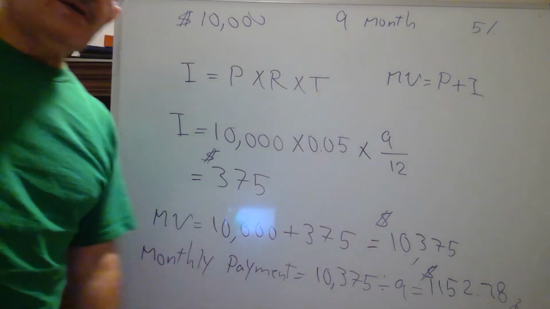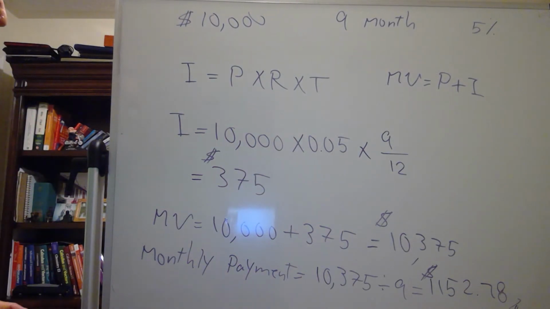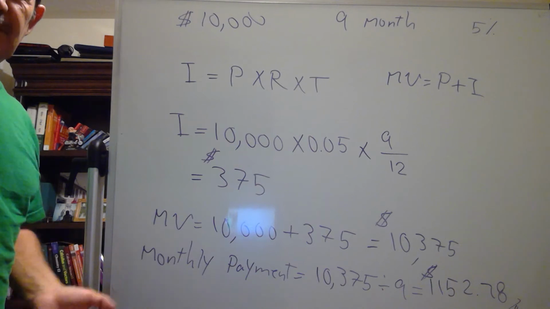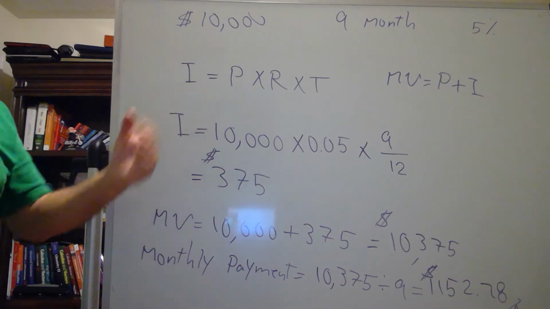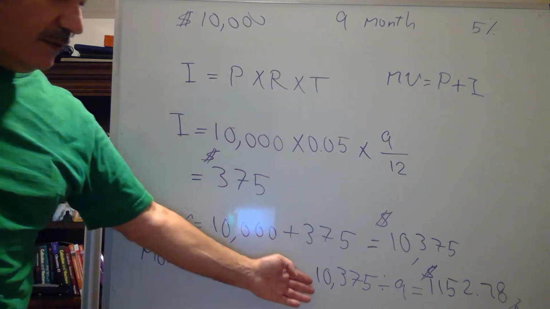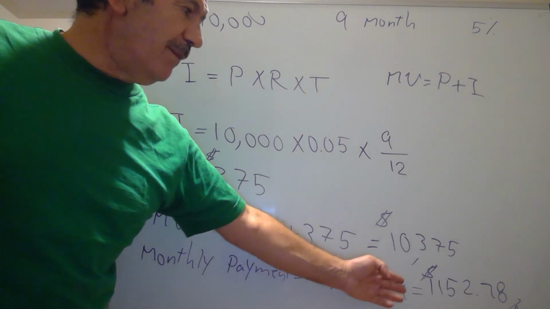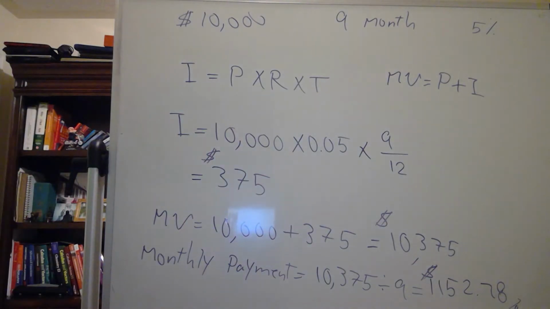It's going to be $10,375. If the question asks how much is the monthly payment, if I want to return my loan per month, divide the maturity value 10,375 by 9, the number of months, which is going to be $1,152 in 9 months.